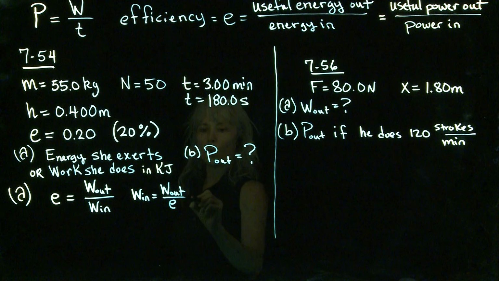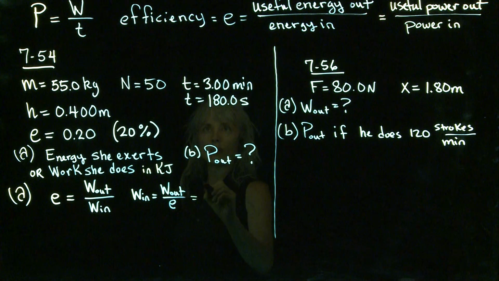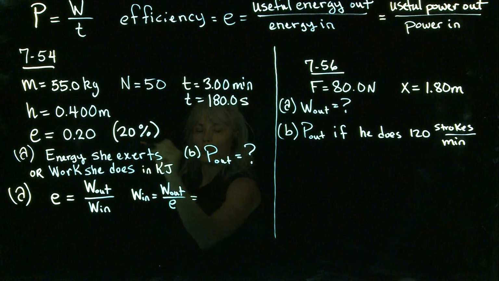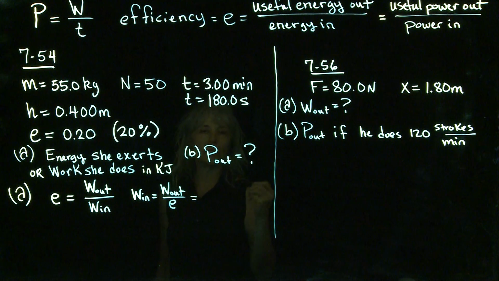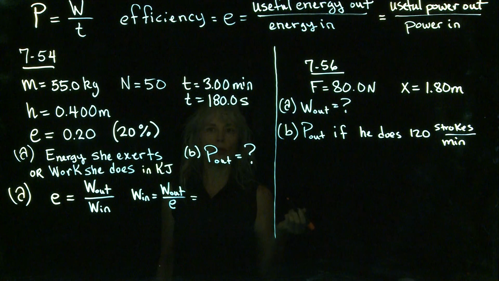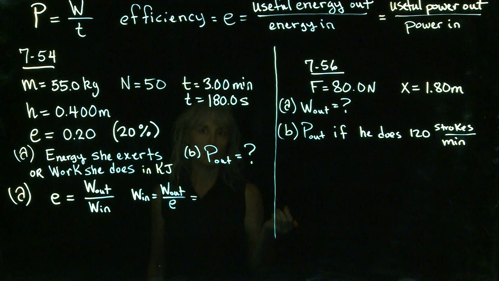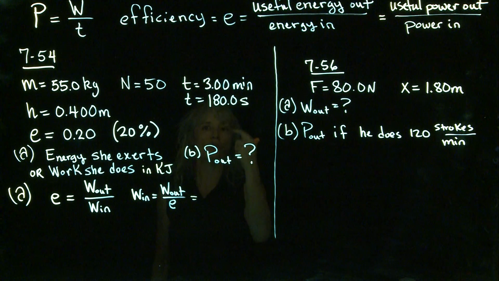So the workout is going to be the work she is exerting in doing these deep knee bends. And remember that she is doing work in both directions. So for every deep knee bend, she is moving her center of mass up and also down.